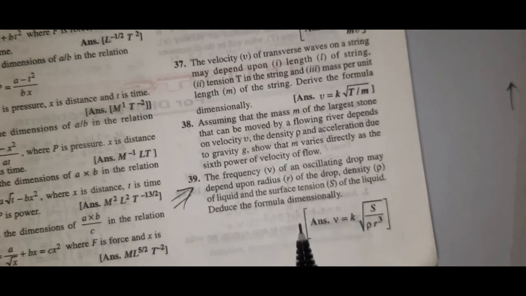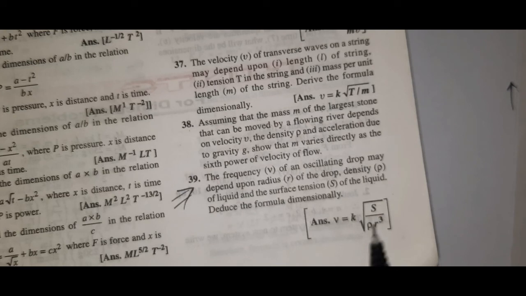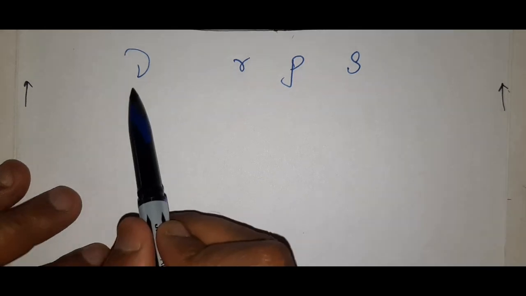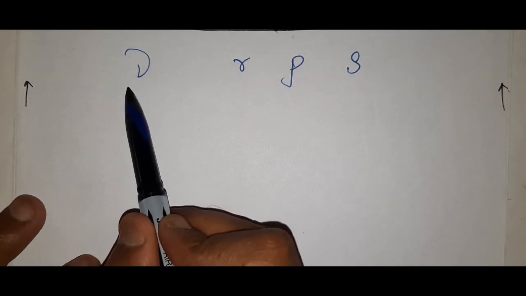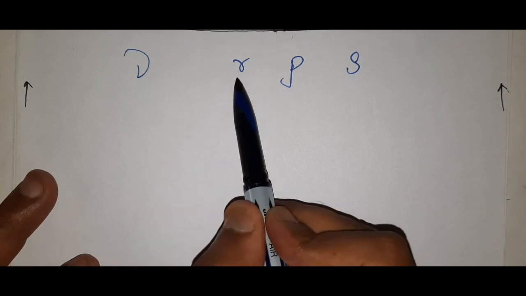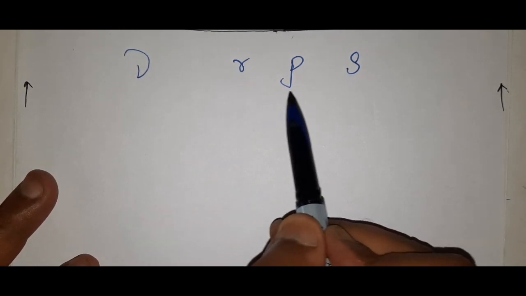Deduce the formula dimensionally. We have to derive the formula for frequency of oscillation of the drop in terms of radius of the drop, density of the liquid, and surface tension.